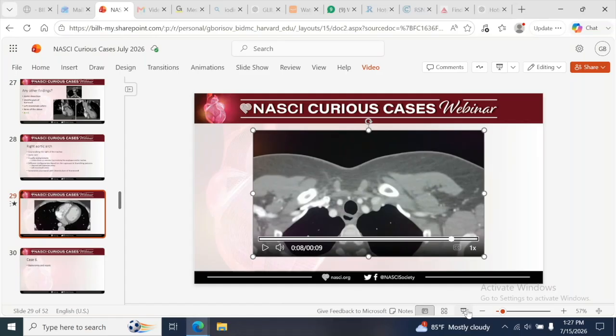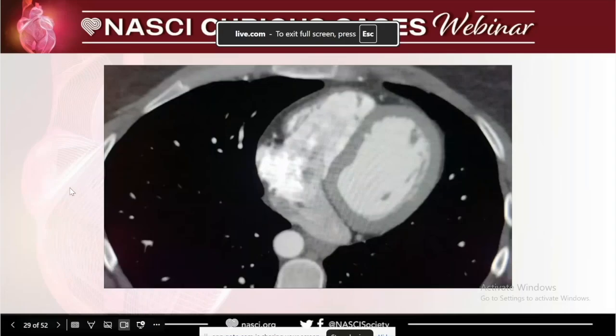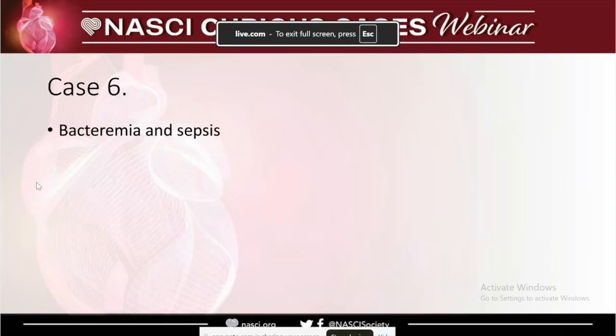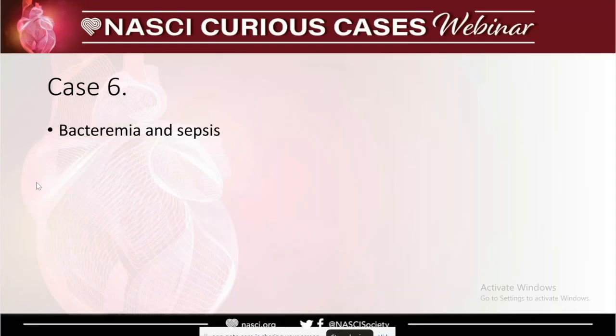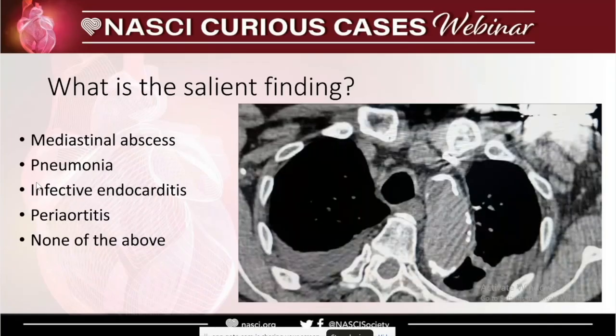Okay, let's move forward. We have another case here. This patient came with bacteremia and sepsis, and we can see this image. I'm gonna go back out again so you can see the video.